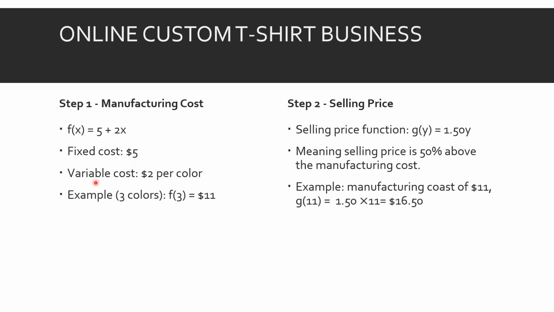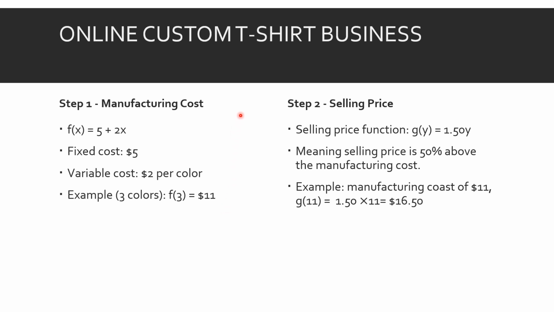Then we also have the variable cost, which depends on the color of the shirt. So 3 colors of the shirt will produce an amount of 11. How? Because the 3 will be substituted where x is. So 2 times 3 gives us 6, then plus 5 gives us 11. So at the end of manufacturing, the cost will be 11 dollars.